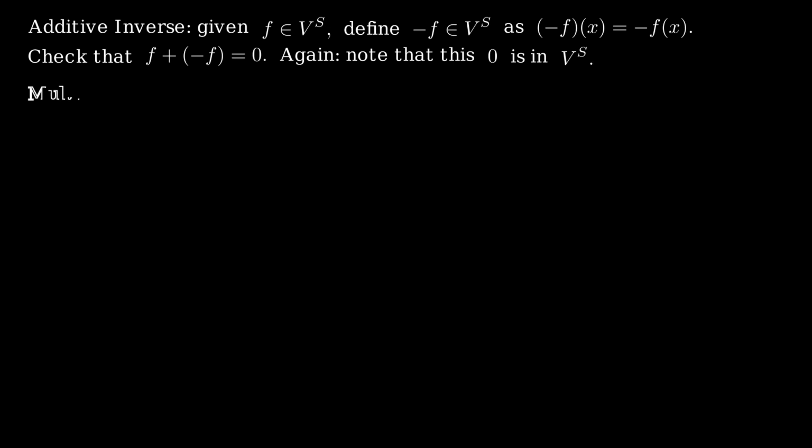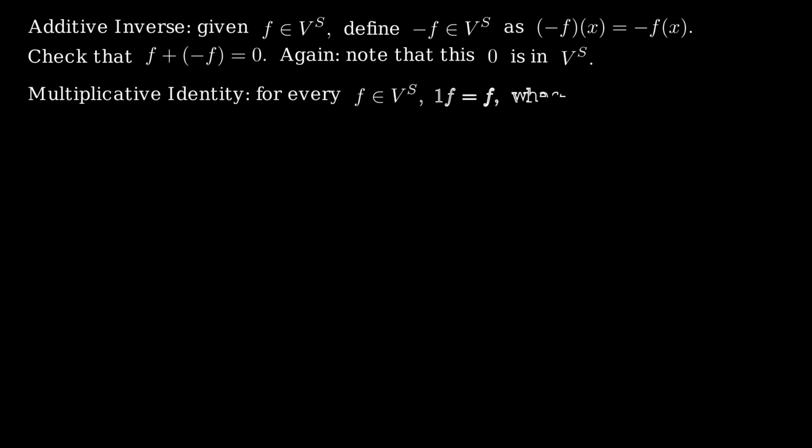For the multiplicative identity, show that the scalar multiplication by 1 leaves every element in V power S unchanged. This follows from the scalar multiplication defined in V power S and the multiplicative identity property in V.